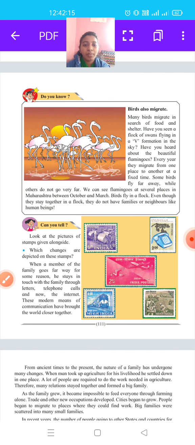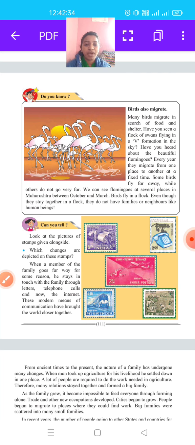When a member of a family goes far away for some reason, he stays in touch with the family through letters, telephone calls, and now the internet. These modern means of communication have brought the world close together.